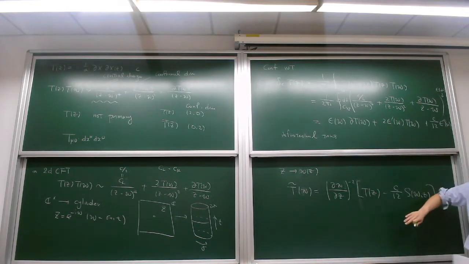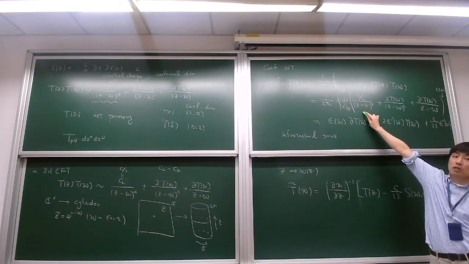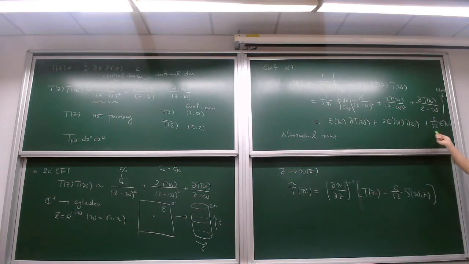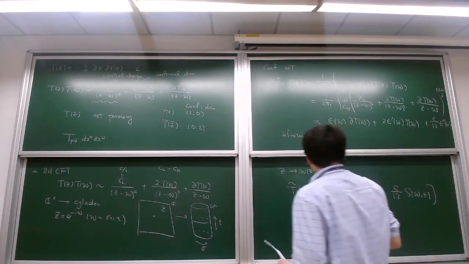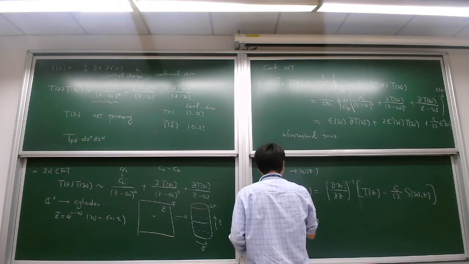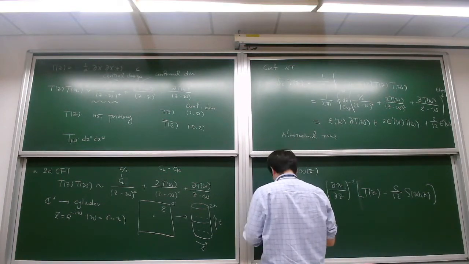So without this term, it just becomes the compound transformation of a primary field. Since the stress energy tensor is not a primary field, you have some cost. That is actually responsible for this term and this term. And this S is called the Schwarzian derivative, which appears also in the homework.